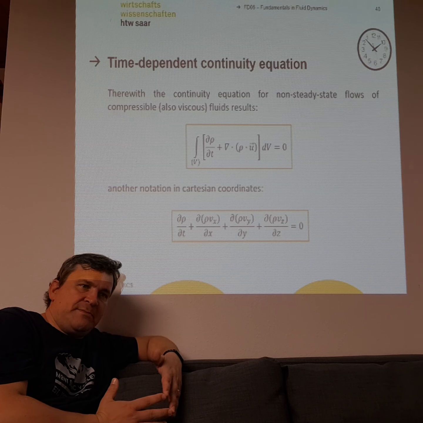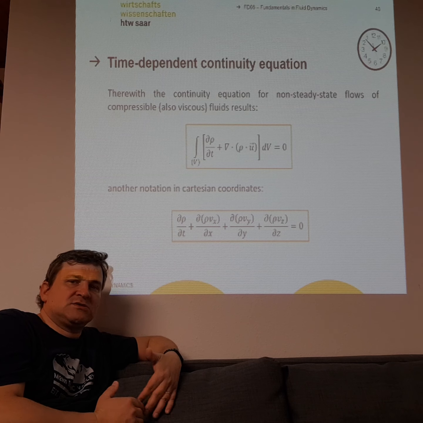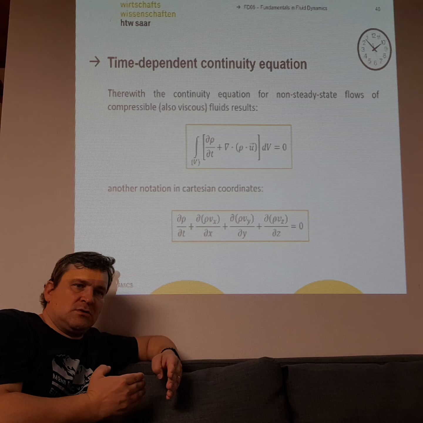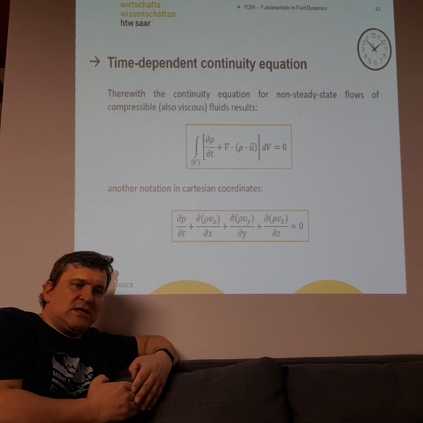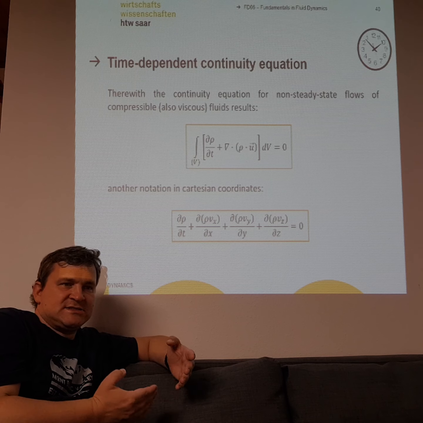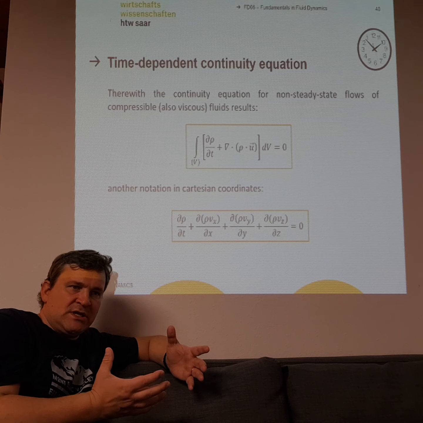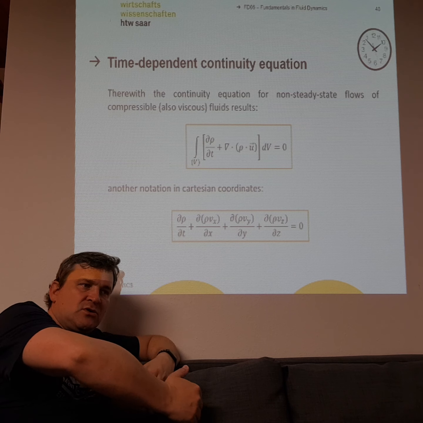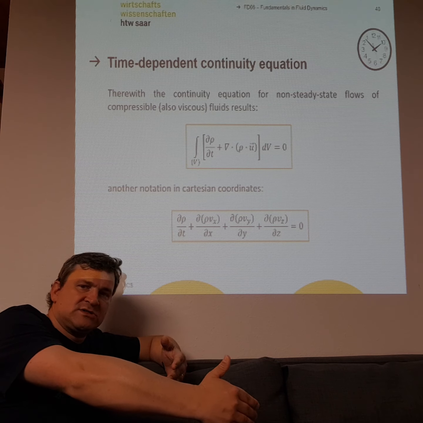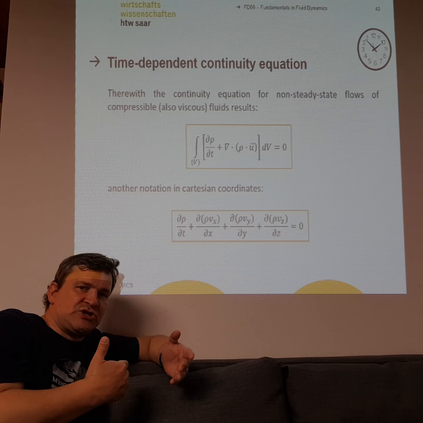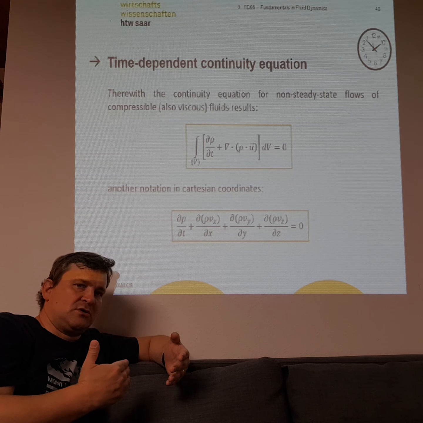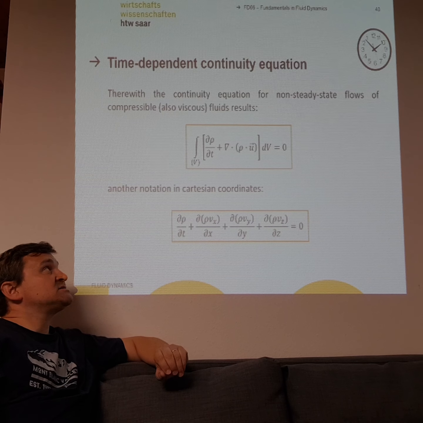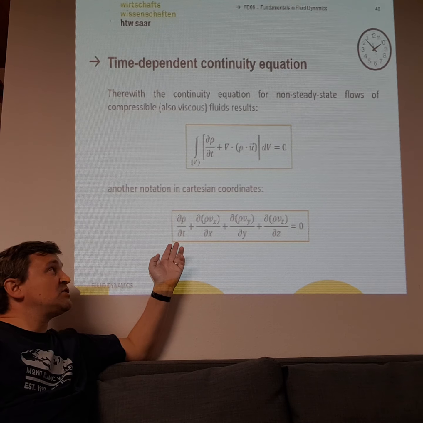But it can also happen that depending on the boundary conditions, you can get an increase or a decrease of mass flow inside your control volume, and then the mass flow outside your control volume will also change. Yeah? It will increase or decrease. And this has to be described by the so-called transient term.